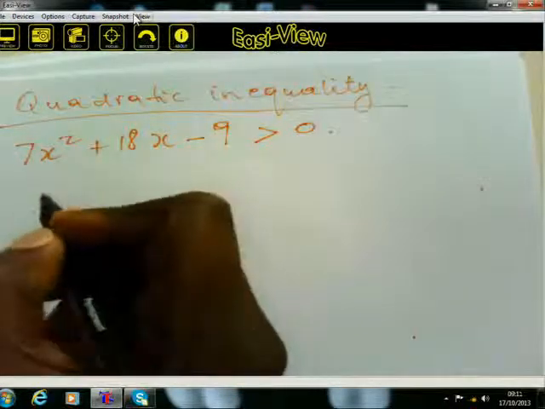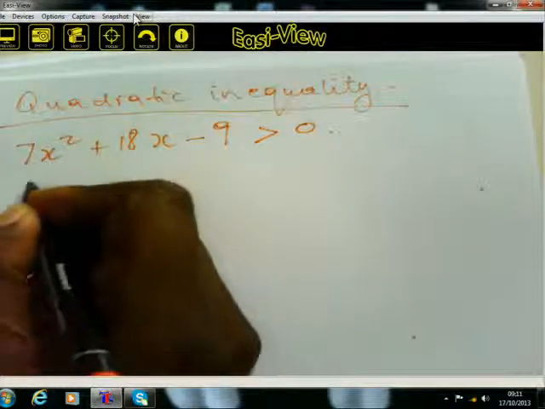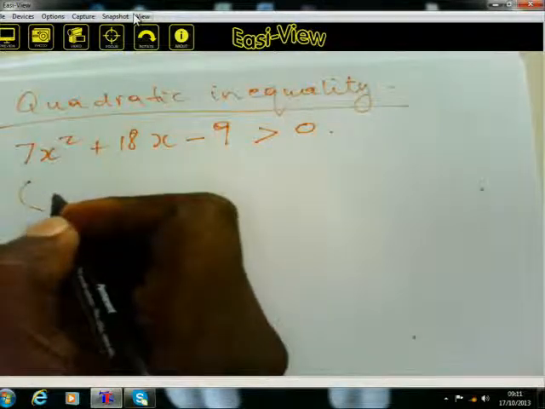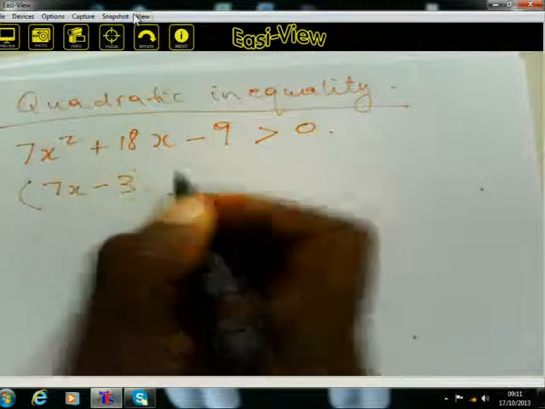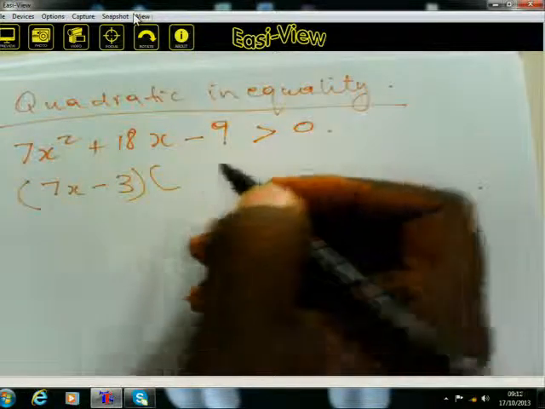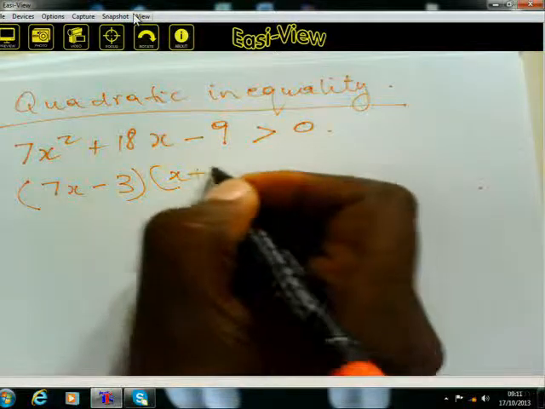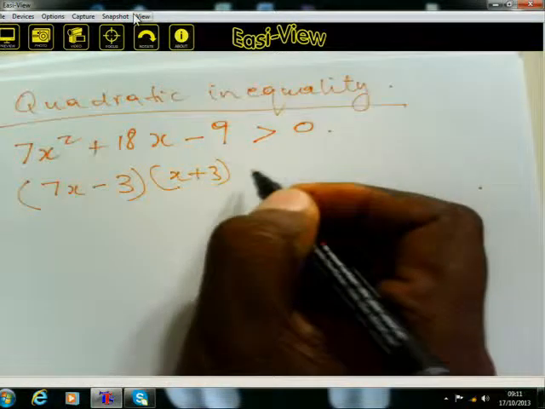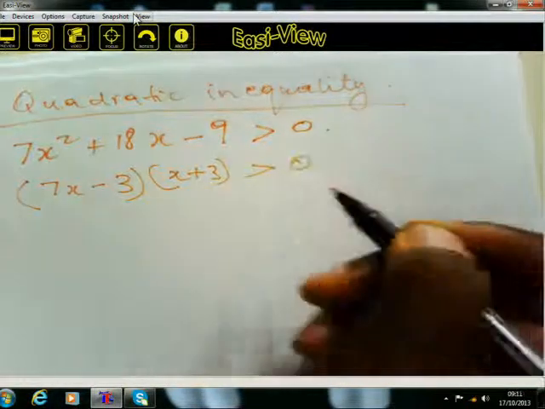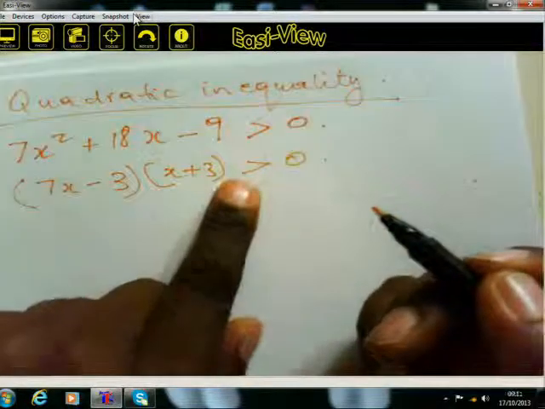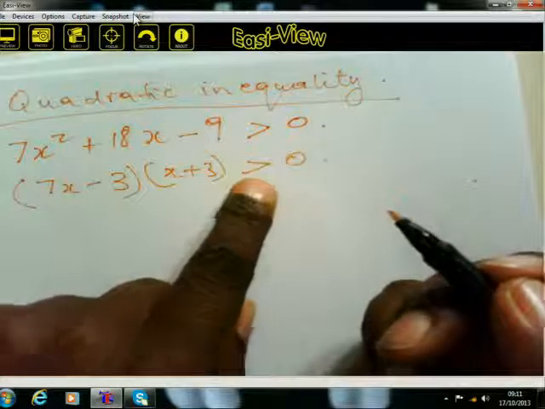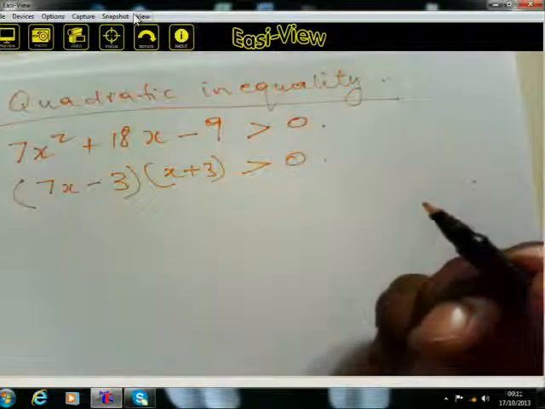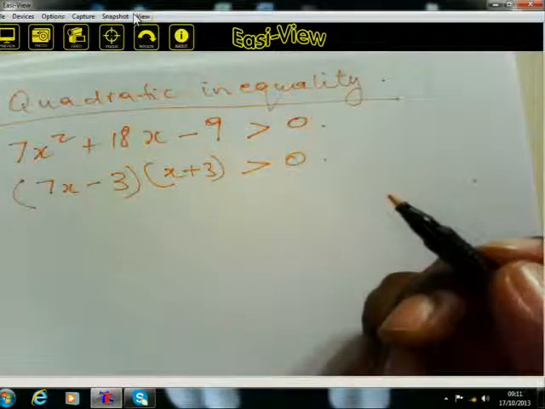Now, if I factorize the left-hand side of this quadratic inequality, the factors are going to be 7x minus 3 into x plus 3. Now, this thing should be greater than 0. Remember that. Don't make a mistake of, instead of an inequality, you write an equal sign after writing it properly. So be careful about that.